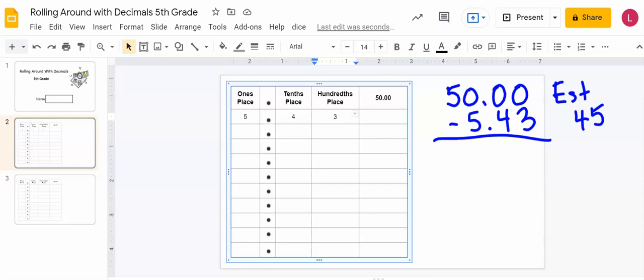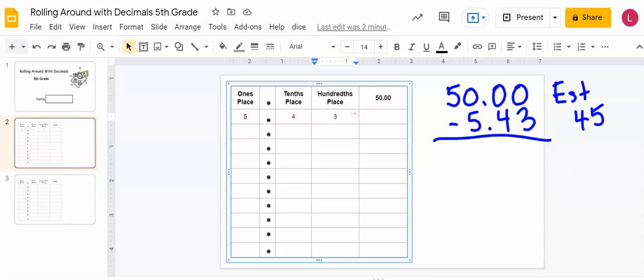So I'm going to go ahead and subtract this. And I could use different tools. You could use manipulatives, you could use a number line, or you could also use the subtraction algorithm. And I know that we have already worked on that. So a common mistake might be 3 minus 0 here, but it's not. I'm actually taking that 5 and 43 hundredths away from 50.